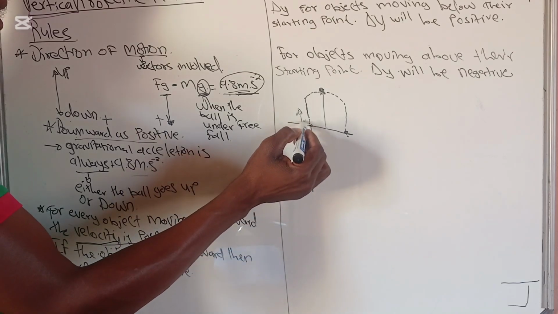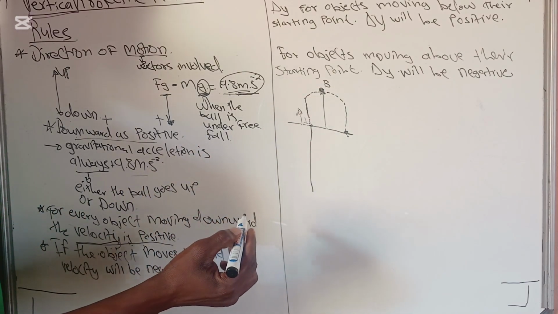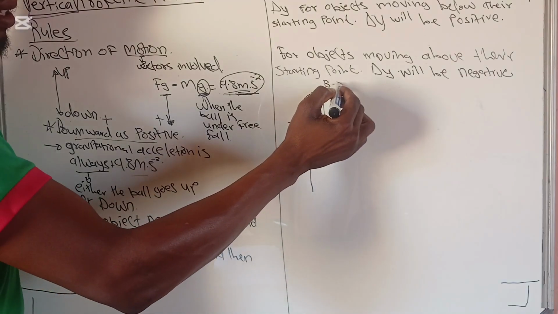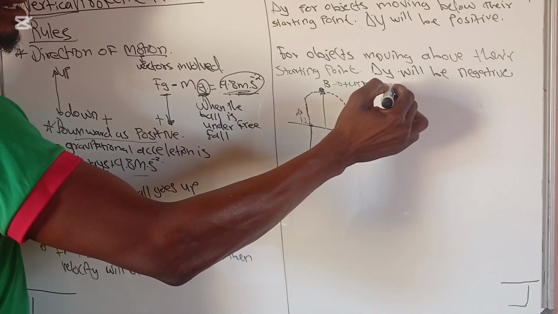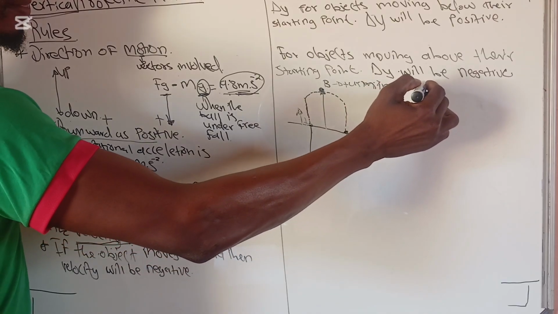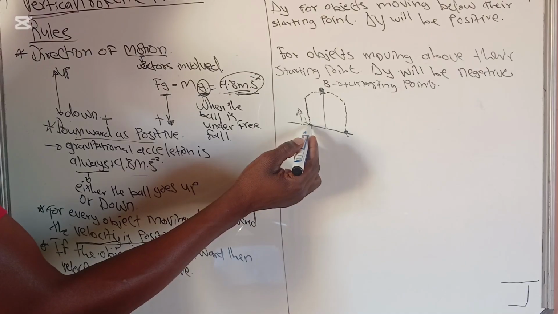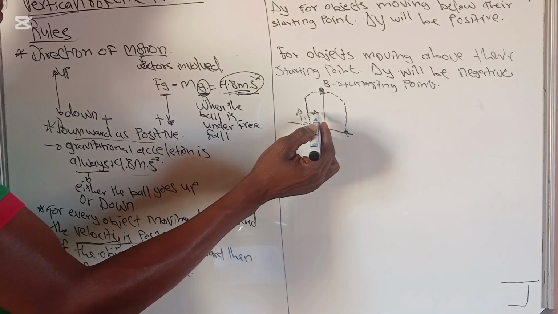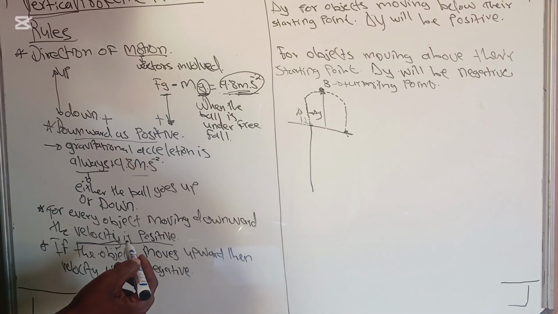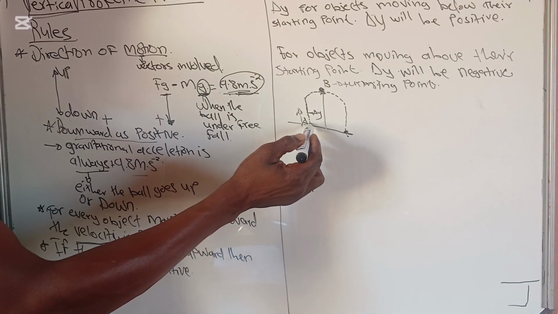Now you have point A and point B, where the ball ended before it turns. This one is called the turning point. The ball is going above the starting point, so we expect your change in y to be negative.